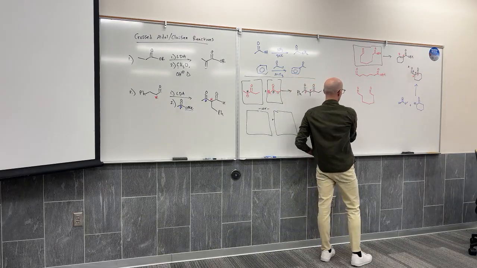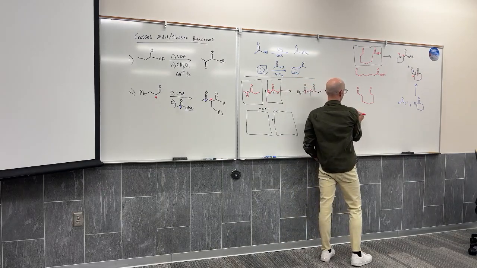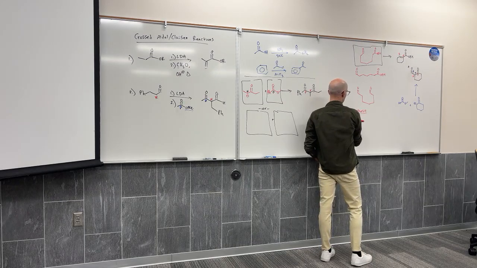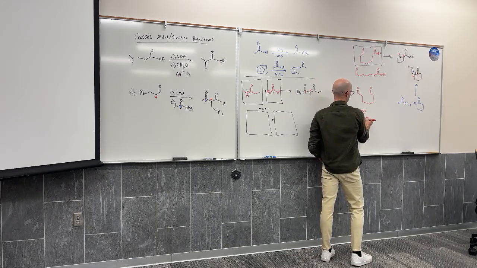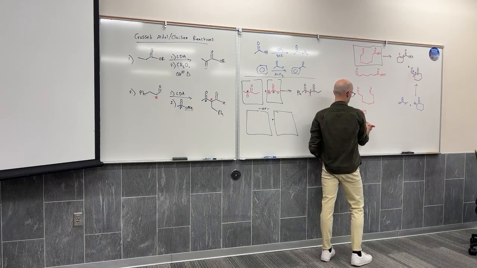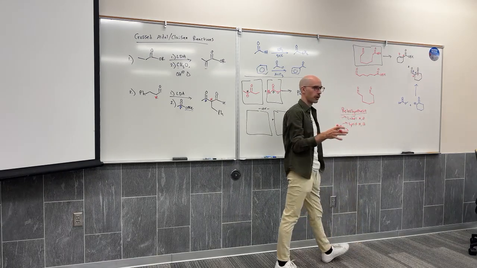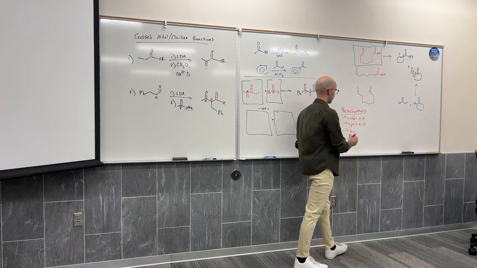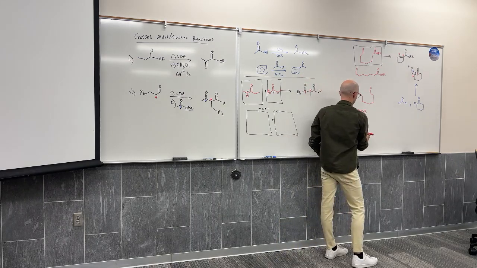So in retrosynthesizing the Claisen condensation, I give that same tip of label alpha and beta, split alpha and beta. But the most important thing here is beta is an ester.